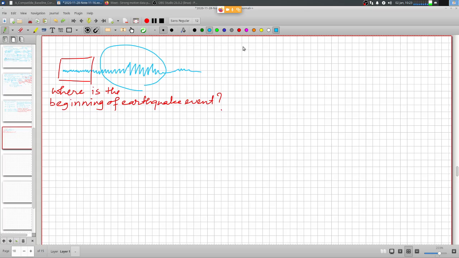All of you must be aware of this. This technique is very commonly used in seismological instrumentation. I am told that this is very common for something called phase picking.